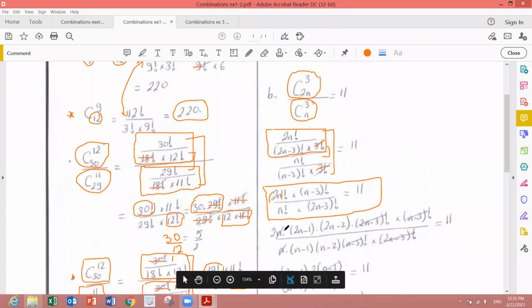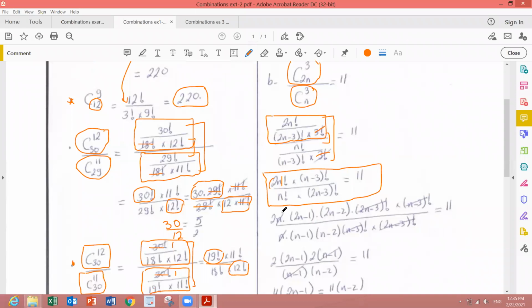So 2n factorial, I start with 2n times 2n minus 1, I decrease 1 to n minus 2, times 2n minus 3 factorial. n minus 3 factorial, I leave it. n factorial will be n times n minus 1 times n minus 2 times n minus 3 factorial, times 2n minus 3 factorial, equals 11.